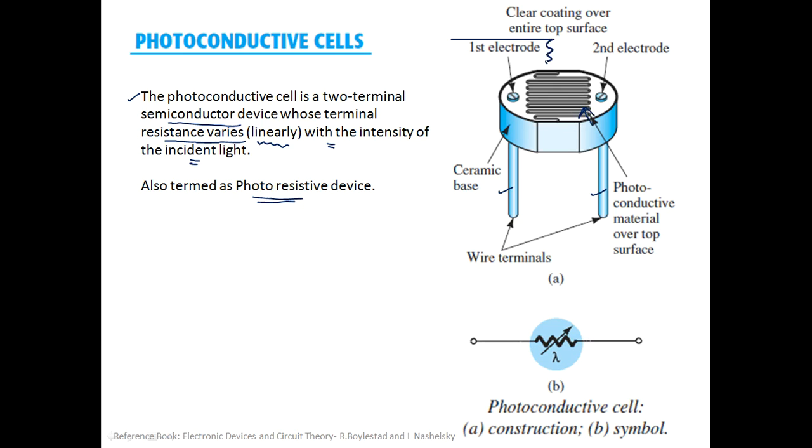Now whenever light falls on it, this photoconductive material, which is usually made up of cadmium sulfide, is very sensitive to light. Whenever light falls on it, it starts conducting, in the sense its conductivity will either increase or decrease.